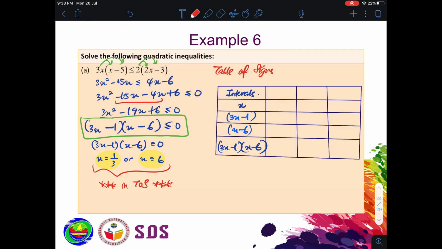These two values of x will be listed on the table of sign, making sure they follow ascending order, with 1/3 in front as the smallest number and 6 at the back as the biggest number.